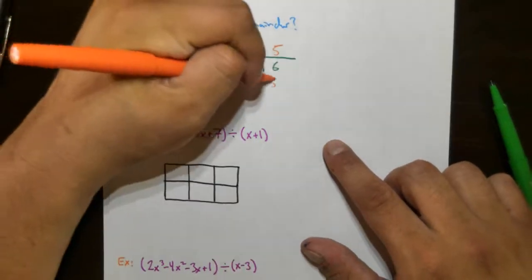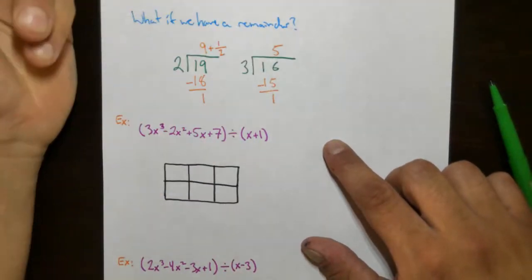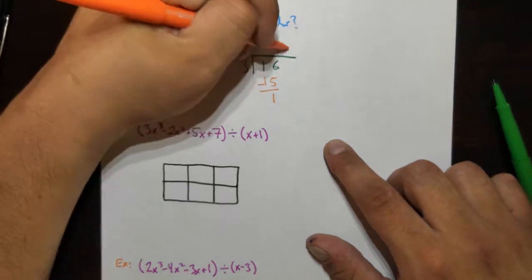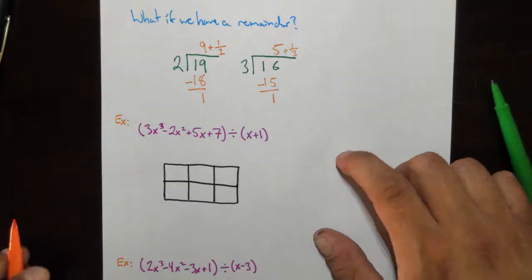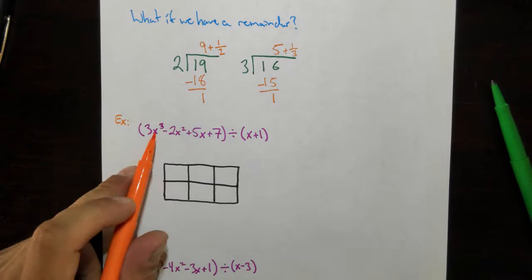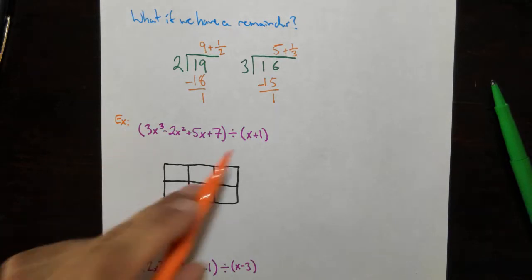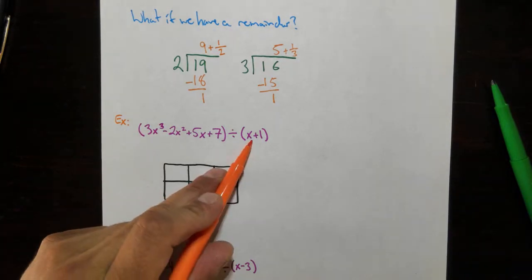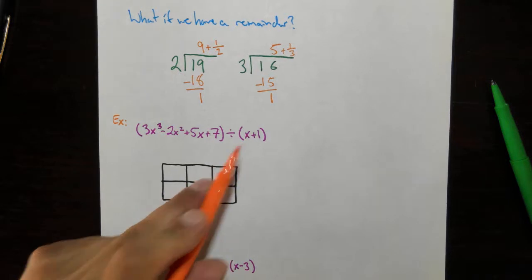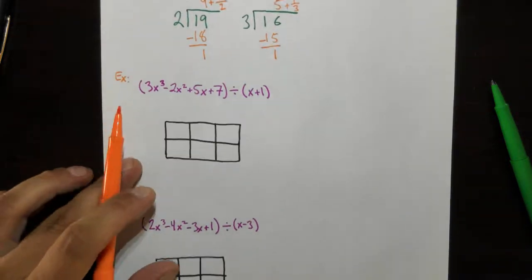So 16 minus 15 is 1, so it's going to be plus 1/3. So if we have a remainder in polynomials, whatever the remainder is going to go above whatever we divided by in the same fashion. So I'll show you what I mean. So let's do this example.